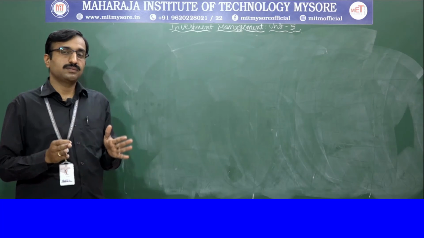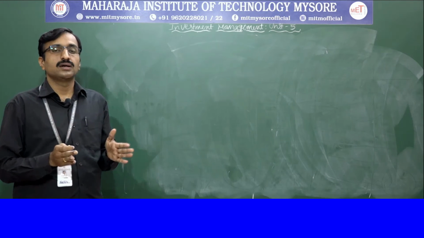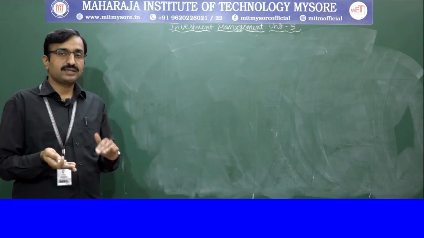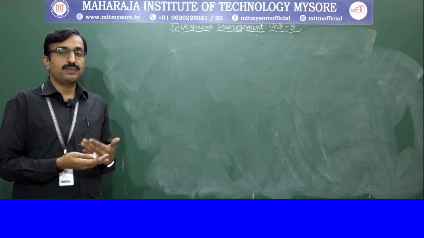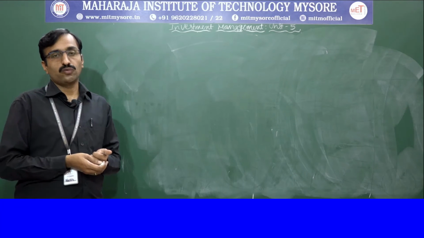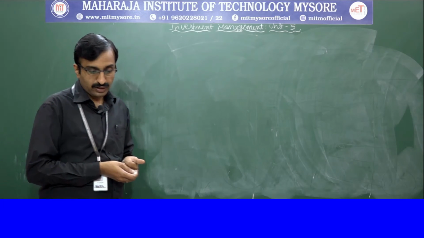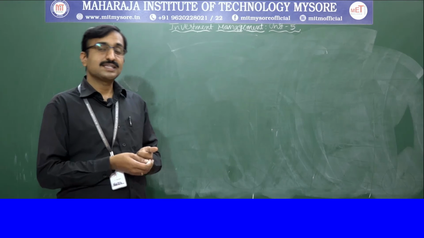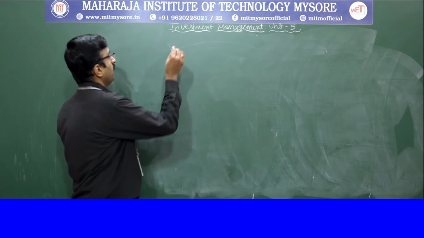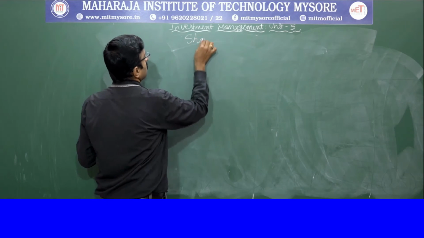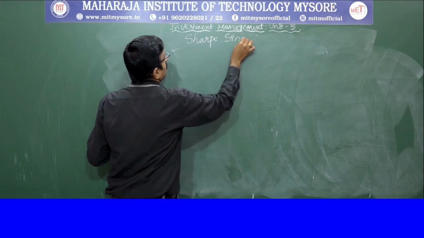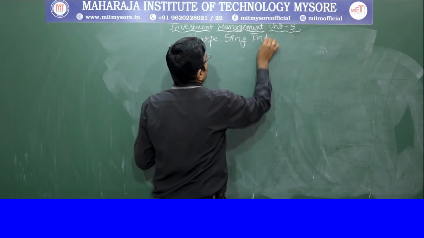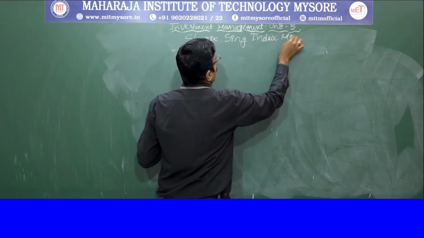So in this particular unit, after understanding the beta measurement and the alpha calculation, we go for application of model. So here we apply Sharpe single index model.